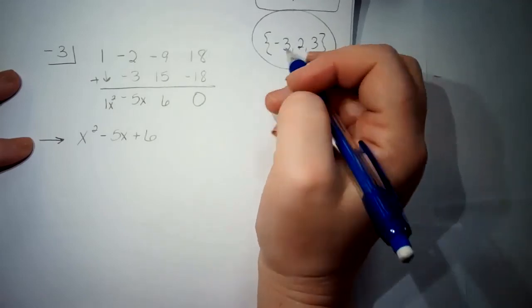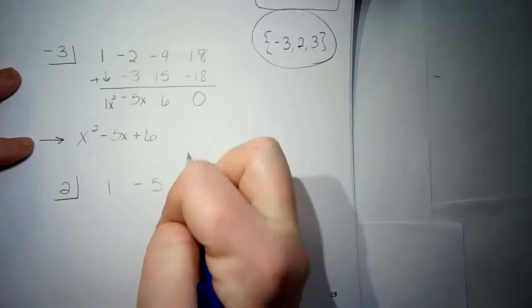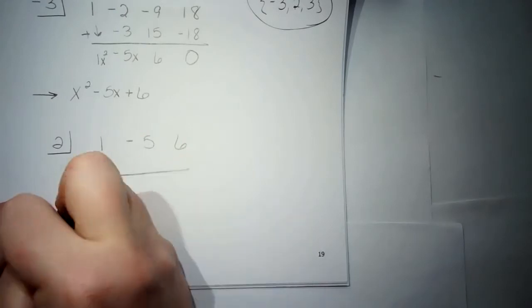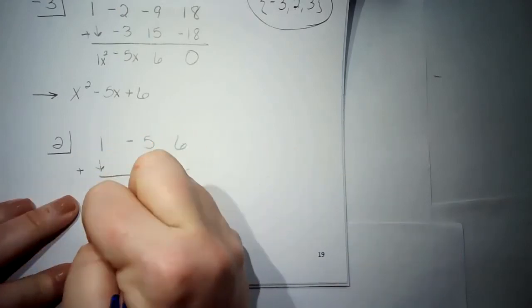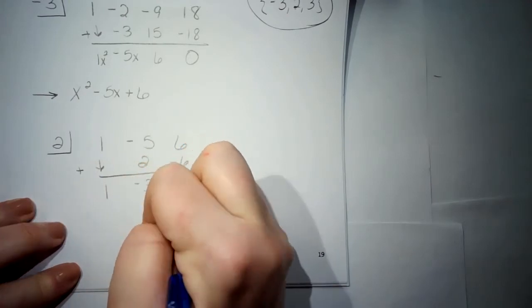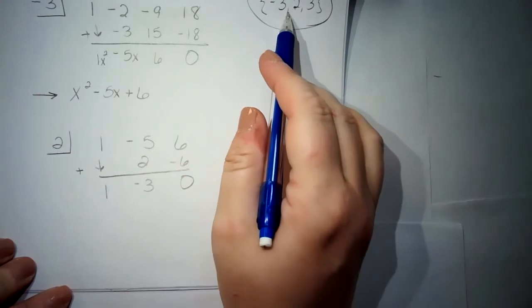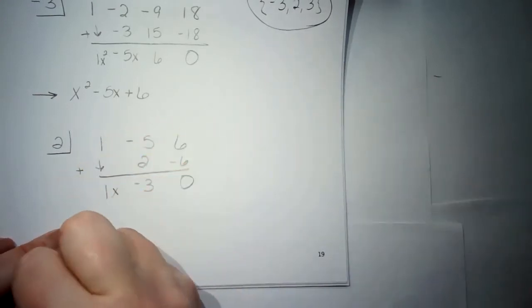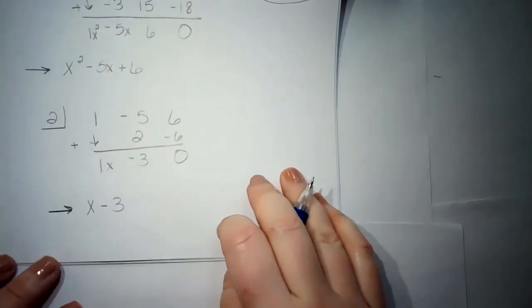You can choose any of them that you want and throw it in using this reduced poly and see what happens. Okay, when I do that, sure enough, look what I did. That one's also an answer.